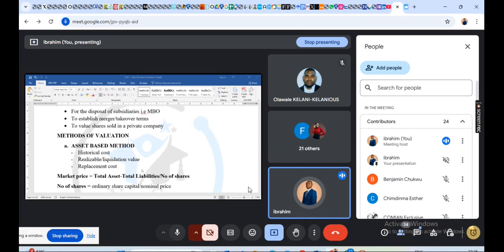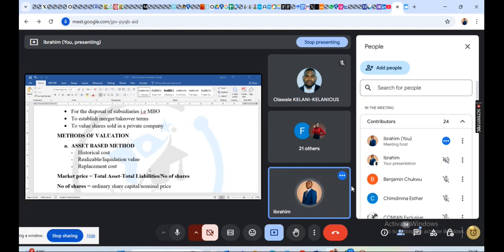So if you want to determine the value using the asset-based method, or any method under the asset-based, the purpose is to determine the market price of a business.